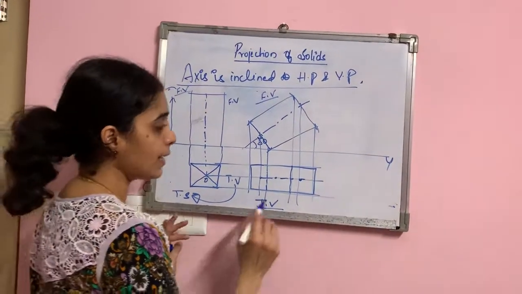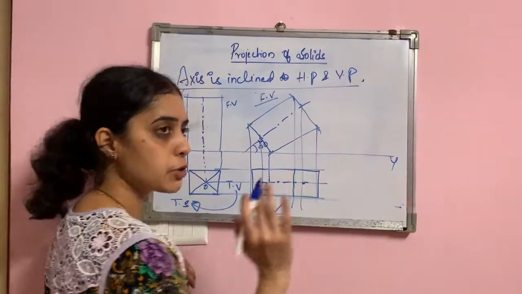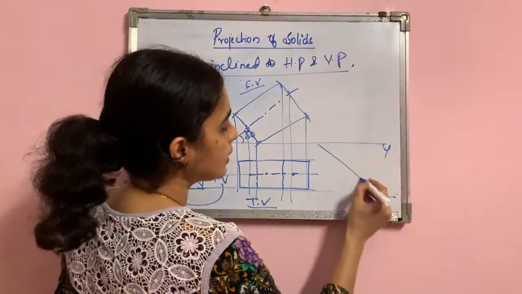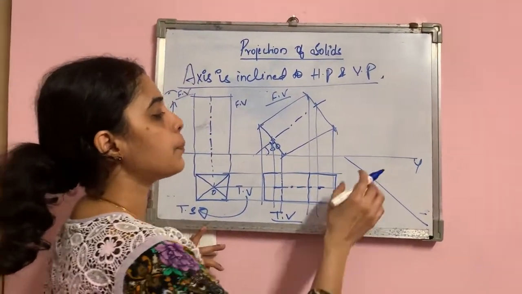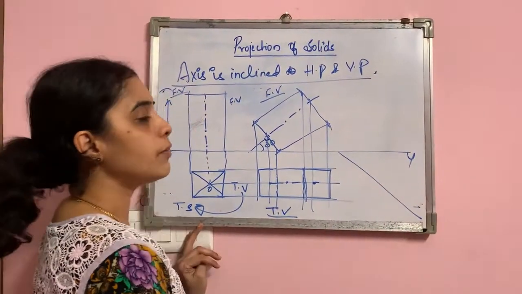Okay. So then in the last stage we always take the inclination with respect to VP. In the problem they will tell which side is resting on the VP line.